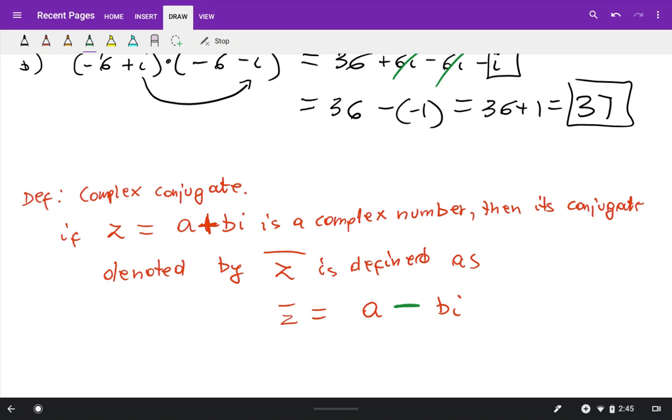So a minus bi. Okay, so conjugate means the operation in the middle switches to the opposite.